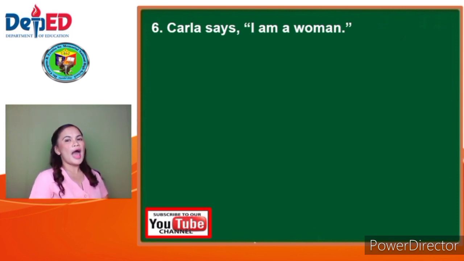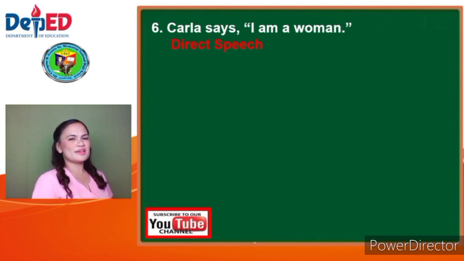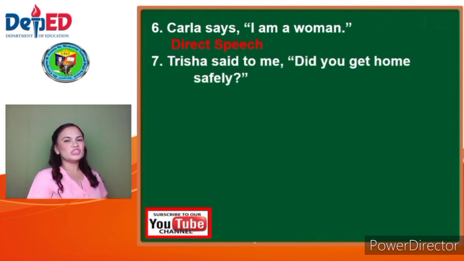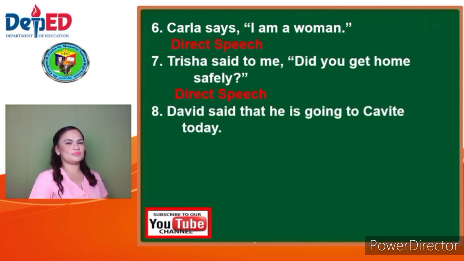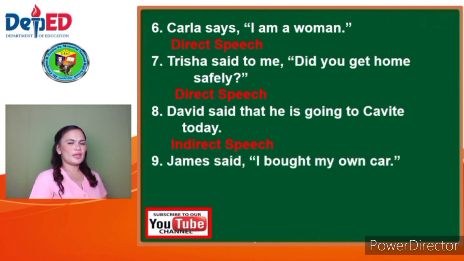Carla says, "I am a woman." Very good, that is direct speech. Tricia said to me, "Did you get home safely?" Of course, that is also direct speech. David said that he is going to Cavite today. Okay, that is also indirect speech. Jane said, "I bought my own car."